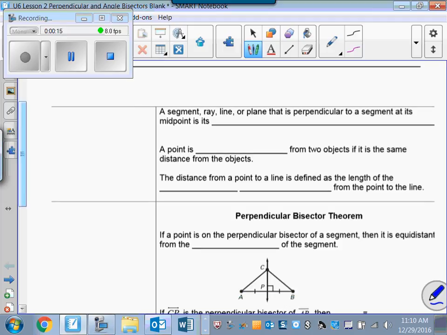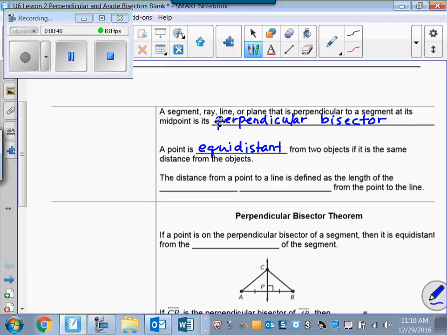A segment, ray, line, or plane that is perpendicular to a segment at its midpoint is the perpendicular bisector. A point is equidistant from two objects if it is the same distance from the objects.